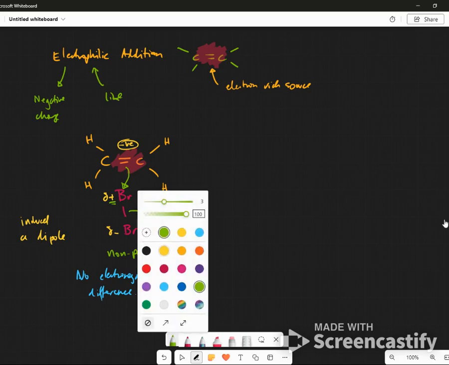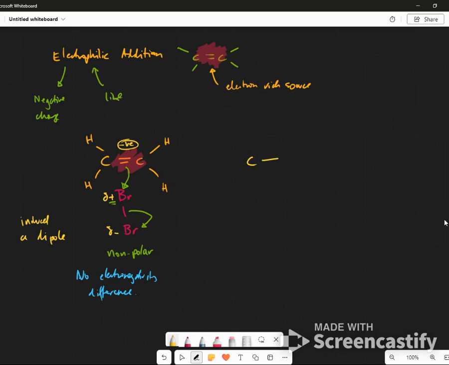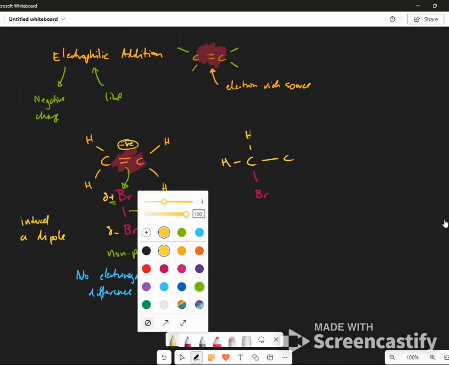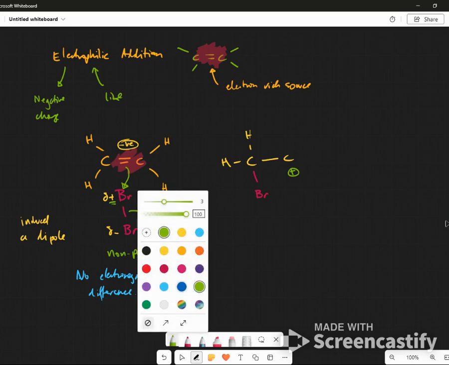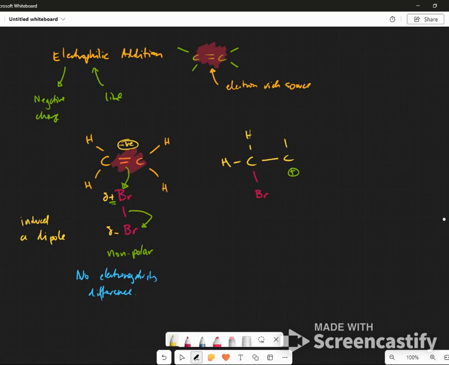So what do we get? We end up with this. There's a hydrogen. There's a hydrogen. Now the bromine is going to go on to one of these, and the other carbon is going to have a positive charge like that. And our bromine here has been chopped off.